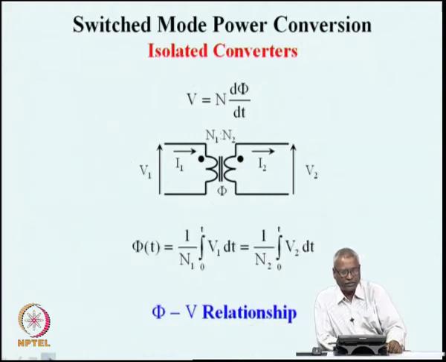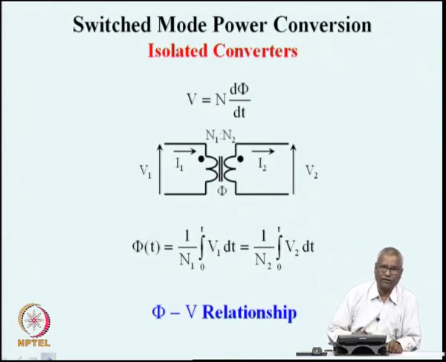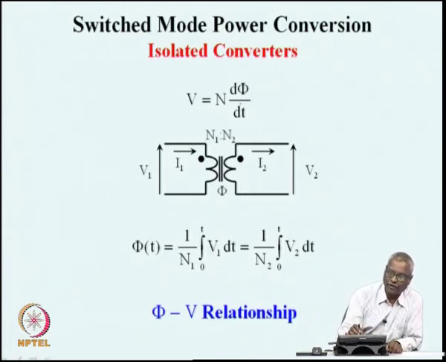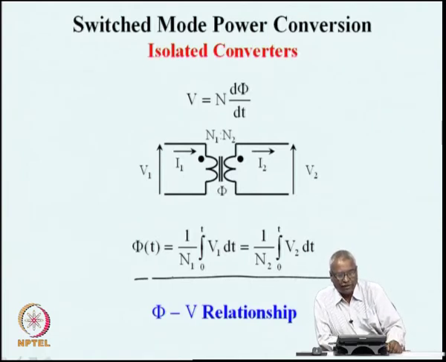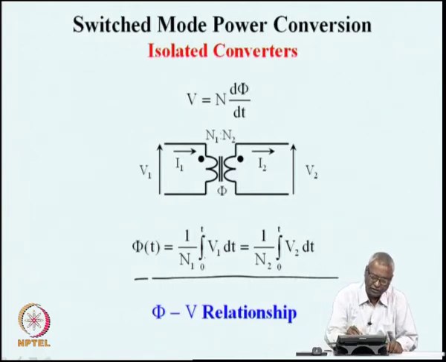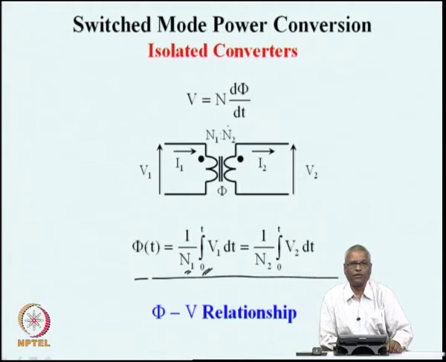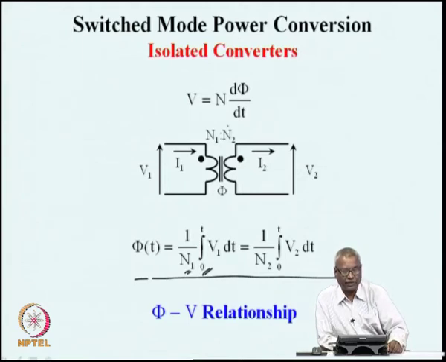If we go to the next step, what is the relationship between flux and voltage, that is, the inverse relationship of phi and V? We try to invert this relationship, and that turns out to be that the flux is nothing but the integral of V dt over the period 0 to t divided by the number of turns N1. This relationship is simply obtained as an inverse relationship of Faraday's law.